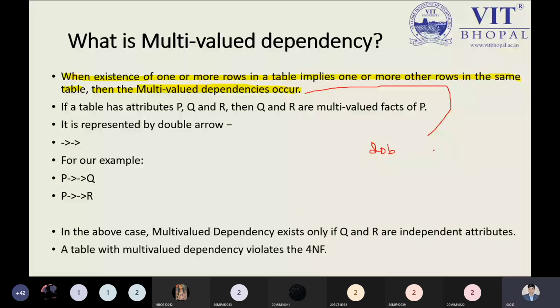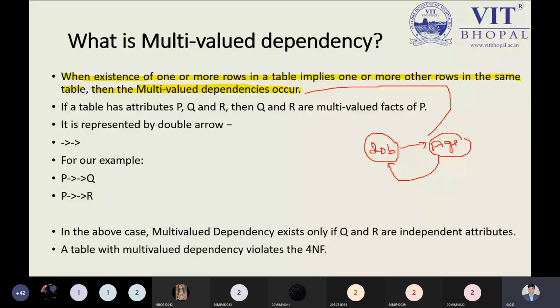Age depends on the date of birth, or date of birth determines age. This attribute is in the same table. Unlike age, other attributes are depending too, so we have the multi-valued dependencies. This is to be identified as our multi-valued dependency concept.